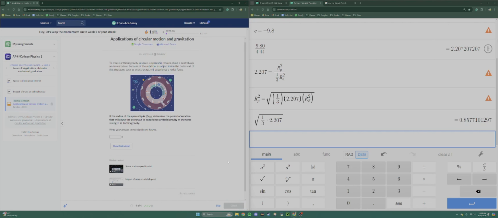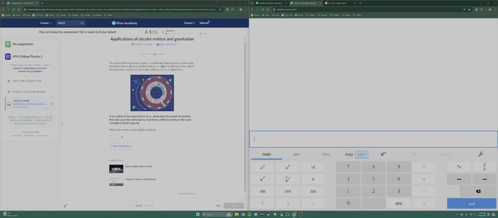Now this is our final question. To create artificial gravity in space, the station rotates around a central axis as shown below. Basically, we're going to use our equation g equals v squared over r. Our g is 9.8, and we're going to find v squared, or well, we're trying to find seconds, but first we need to find velocity.